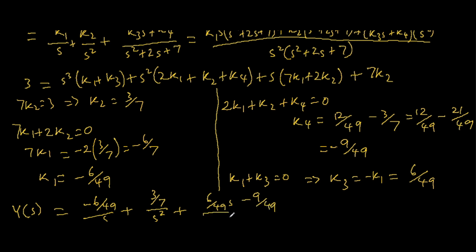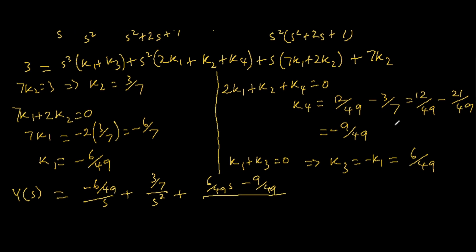All this divided by s squared plus 2s plus 7. Let me bring this down a little bit. So you have s squared plus 2s plus 7.